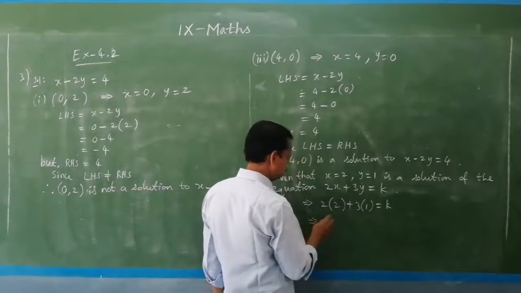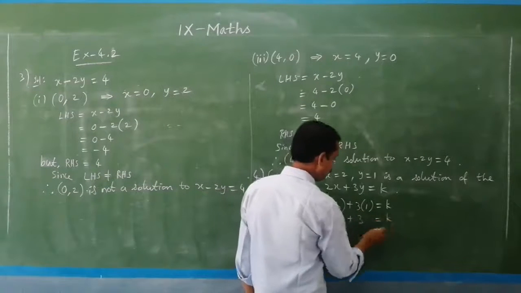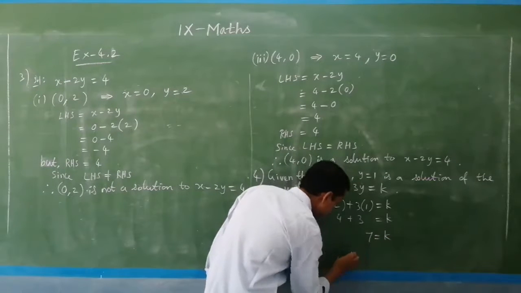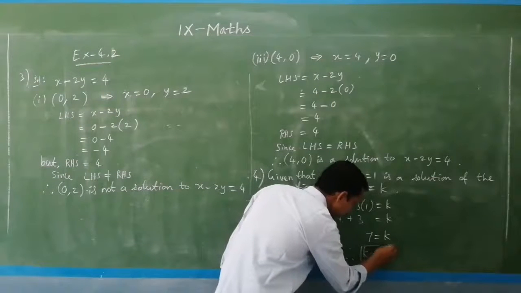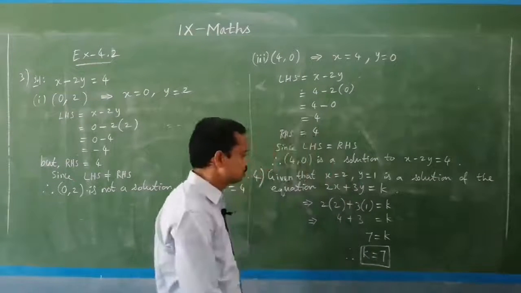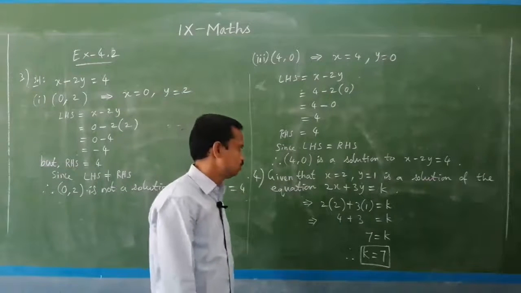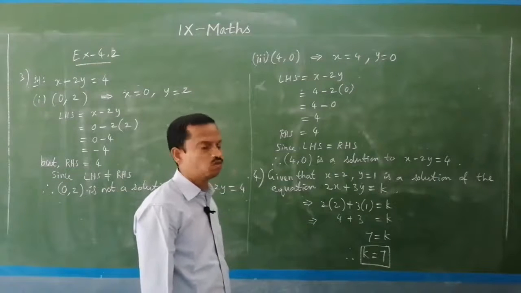So, next step 2 into 2 is 4, 3 into 1 is 3. So, this is 7 equal to k, and hence, therefore, the value of k equal to 7. Is it clear? So, this is another model question. You just have to substitute the given point in the given equation to find the constant.